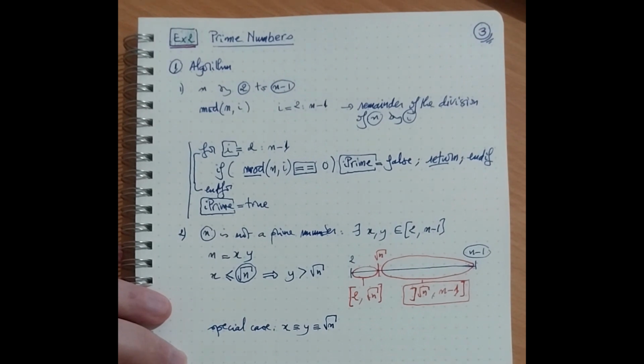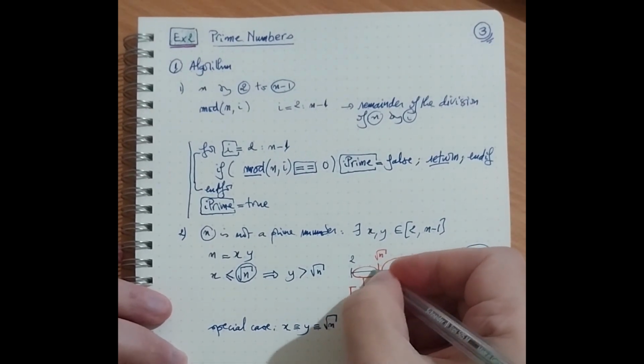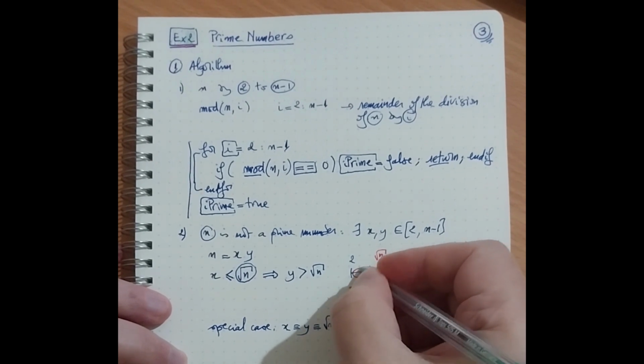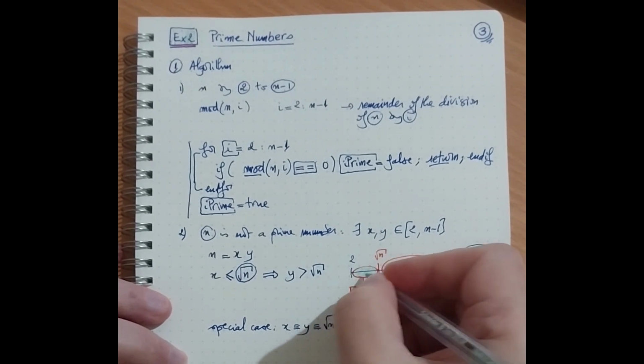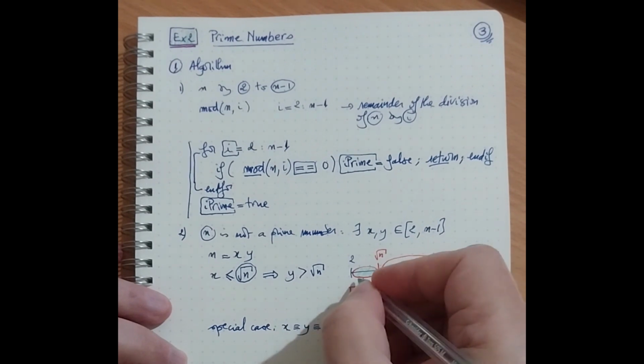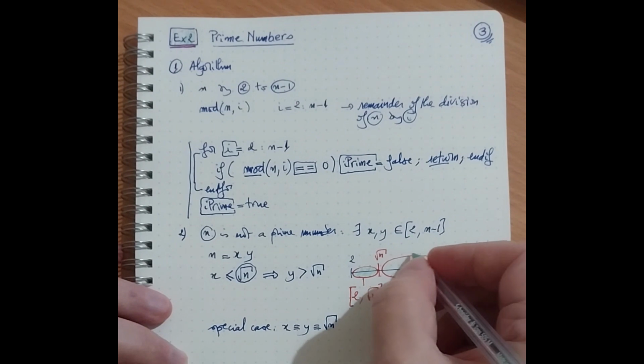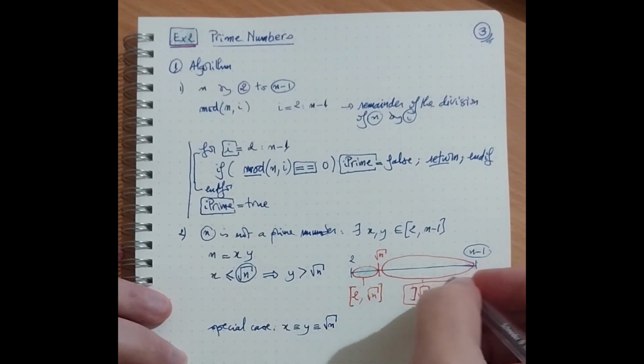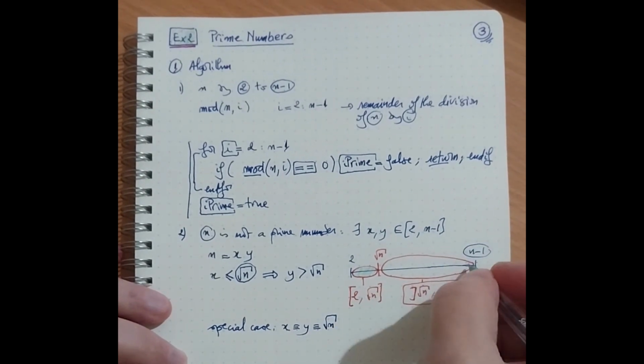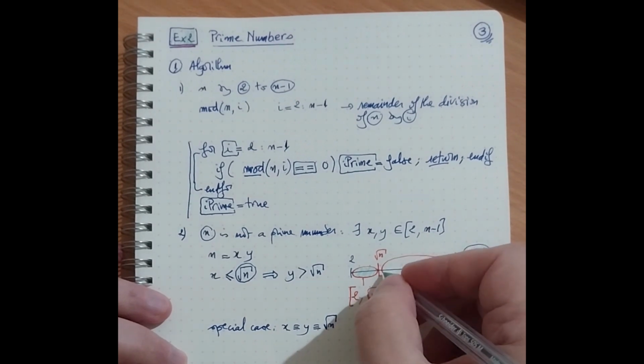So in our test, we test any integer to be a divisor only in this smaller set, not in the whole set. Because if there is no x belonging to this first set, it is impossible that the second divisor y belongs to the second set.